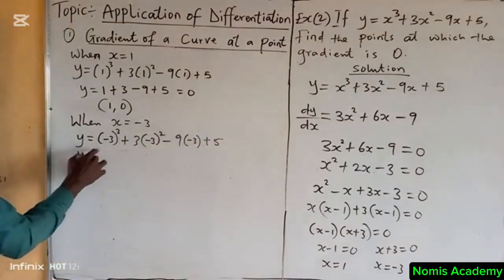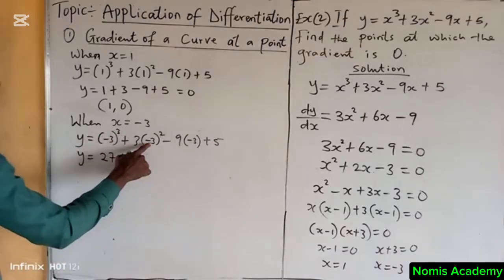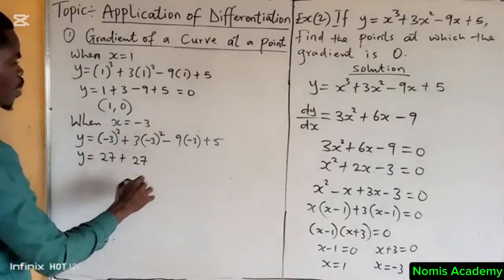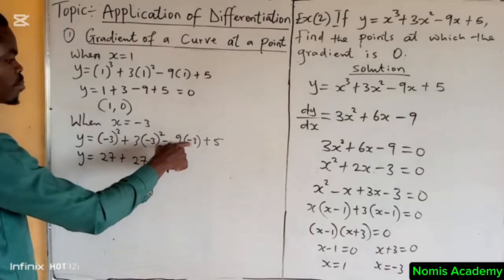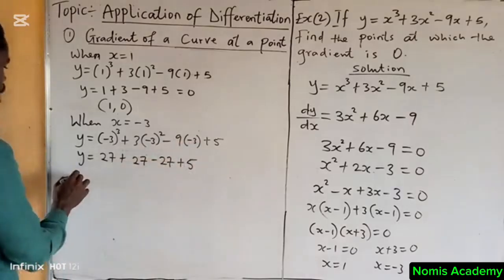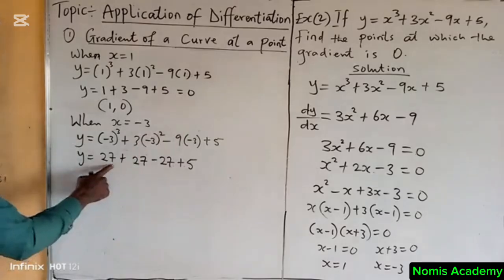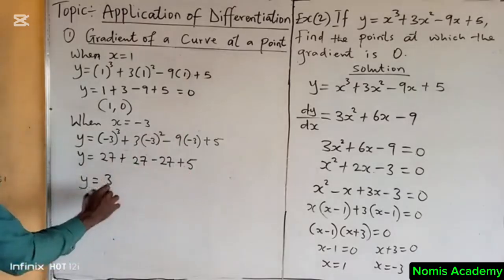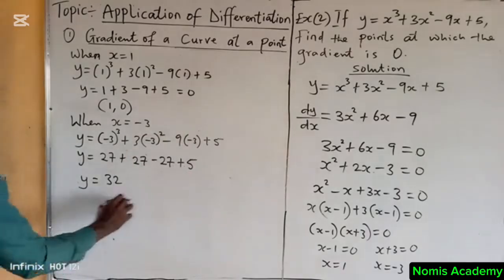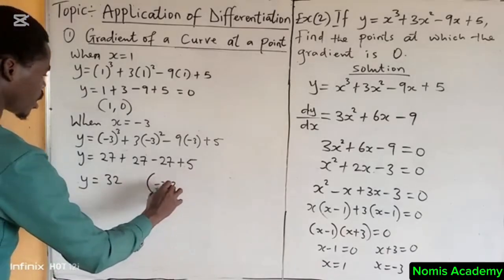So we have y equals, minus 3 raised to the power of 3 is minus 27, plus minus 3 squared is 9, 9 times 3 is 27, minus 9 times minus 3 is plus 27, plus 5. So we have y equals minus 27 plus 27 is gone, 27 plus 5 is 32. So the corresponding value when x is minus 3, y is 32.